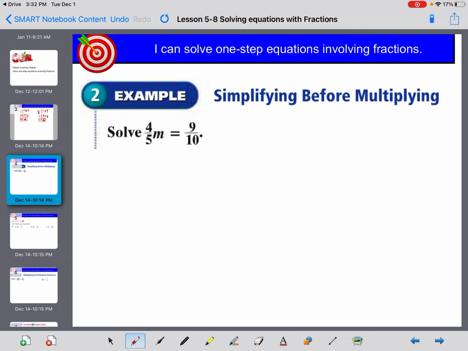Now, in this case, my variable is being multiplied by a fraction. So I have 4/5 m equals 9/10. So really what I want to do is divide by 4/5. Now think about that.